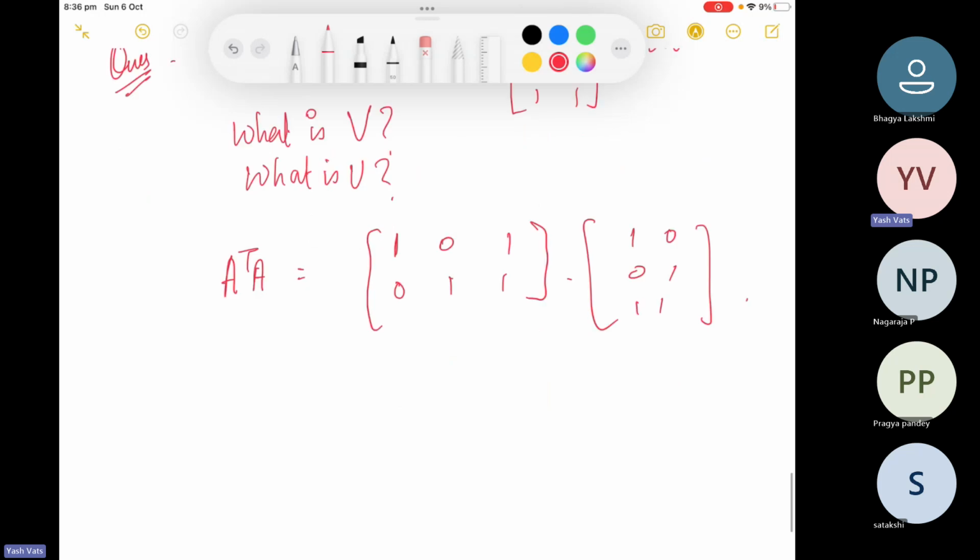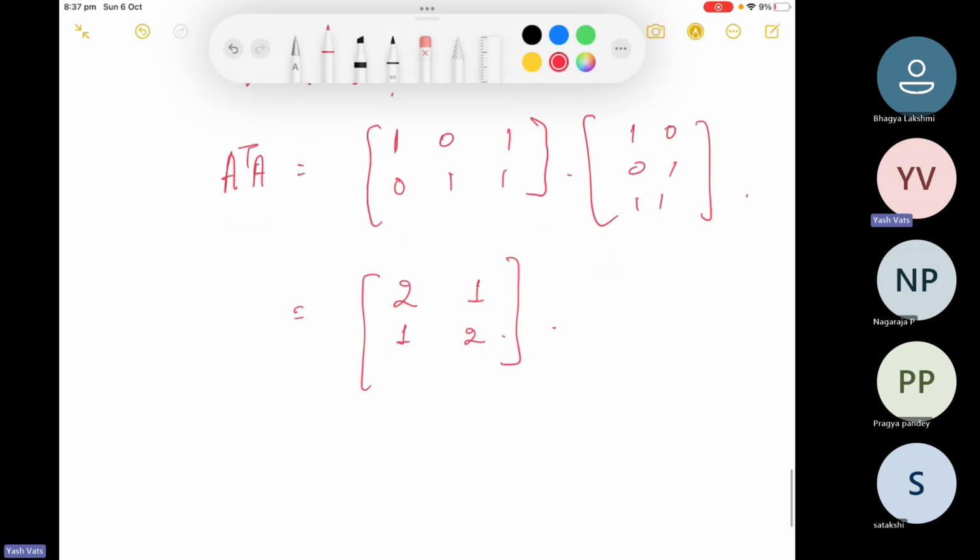So A transpose A is 1 plus 1, 2, and this is 1, and this is 1, this is 2, right? So 2 by 3 and 3 by 2. That is your matrix A transpose A.